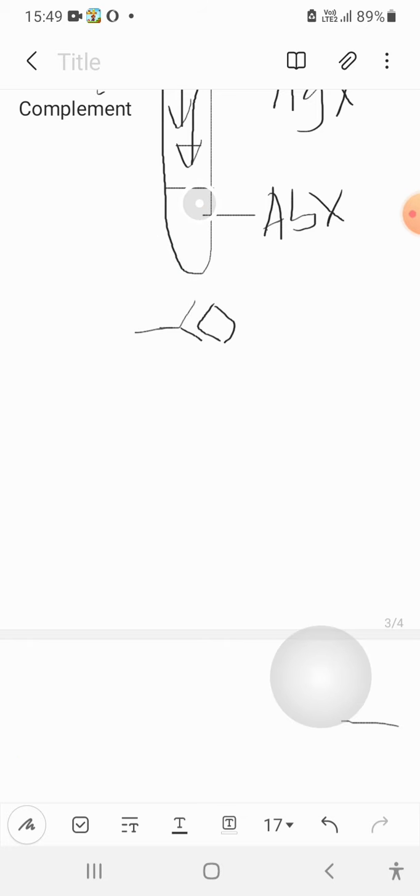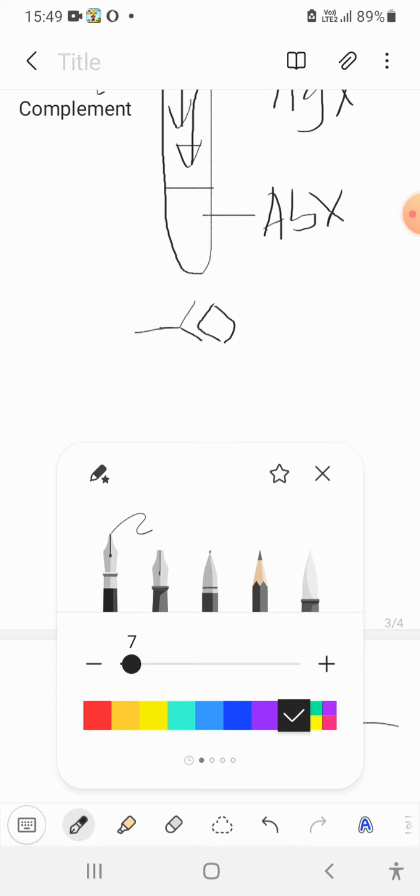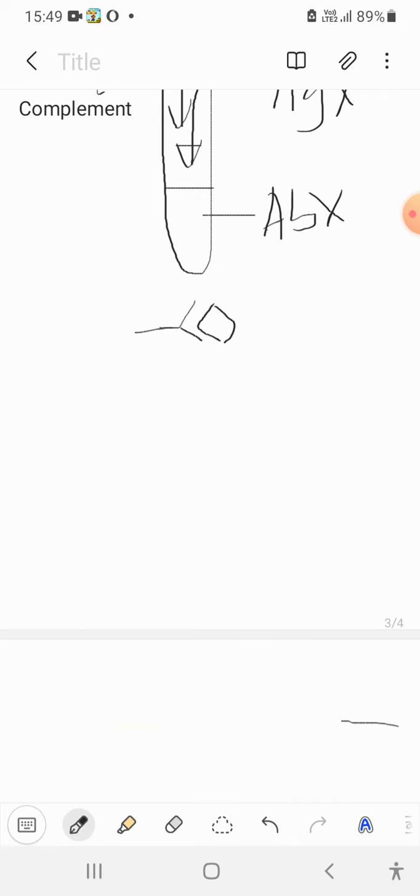We remember what happens due to complement activation. So that's the first case scenario. So in that case, let's do another tube here.